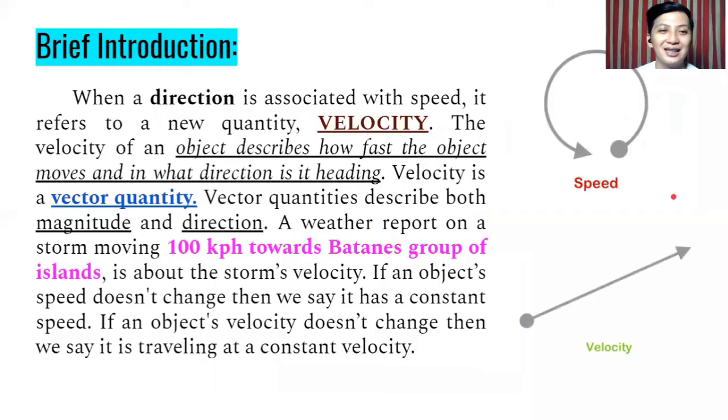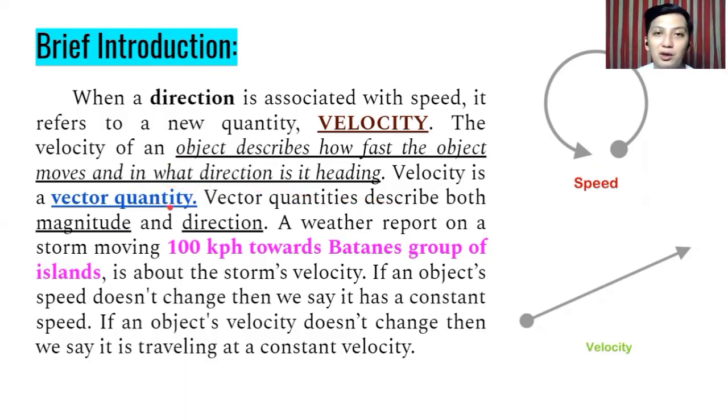Okay, so next, when a direction is associated with speed, it refers to a new quantity. This is now the velocity. Okay, ito na yung speed with direction. Unit or number, unit with direction. So the velocity of an object describes how fast the object moves and in what direction it is heading.